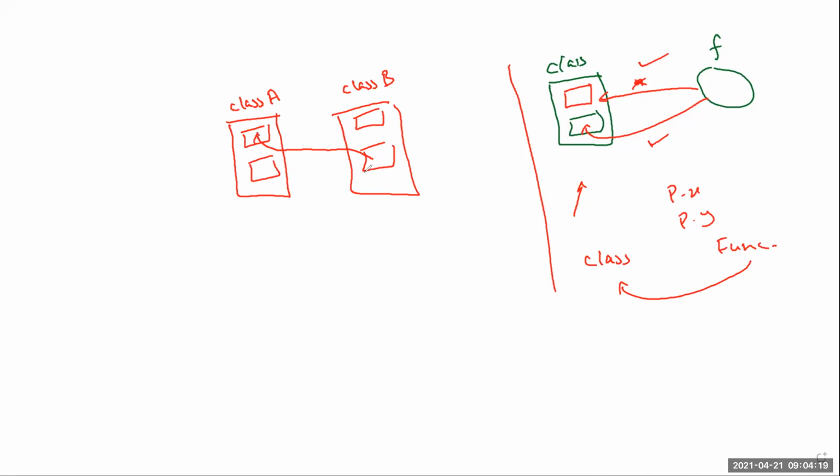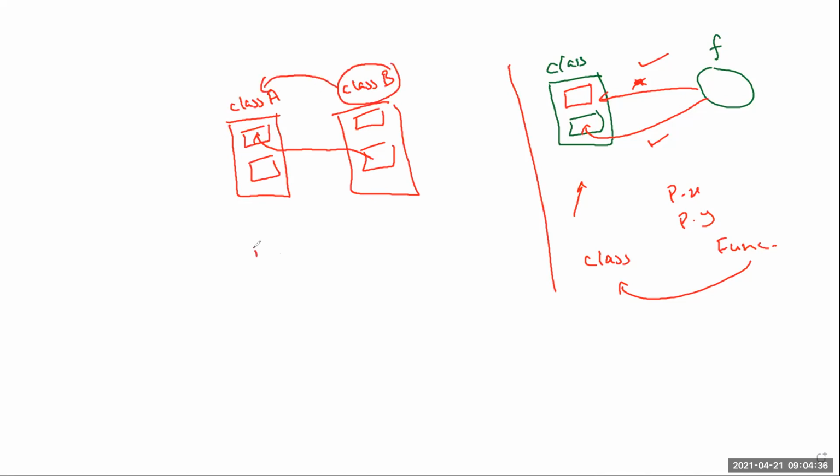So you see the difference: previously a global function was made a friend of a class. Now on both sides we have classes, and we say, why not make this complete class a friend of class A?